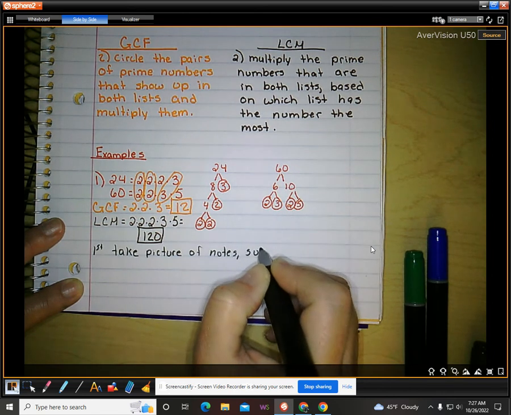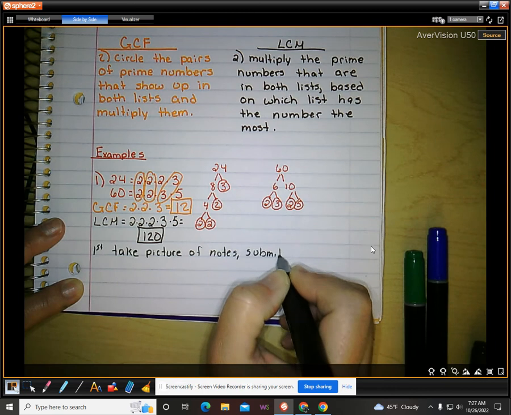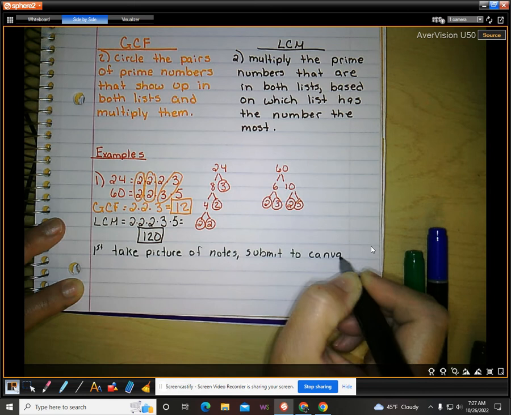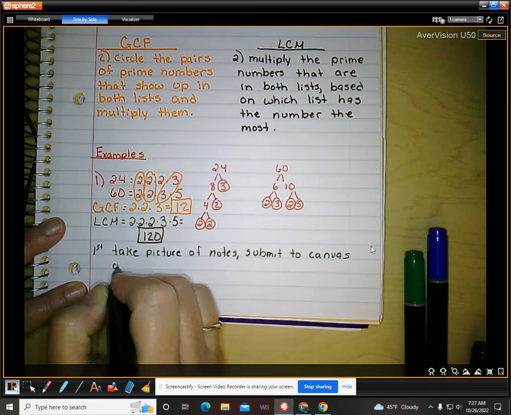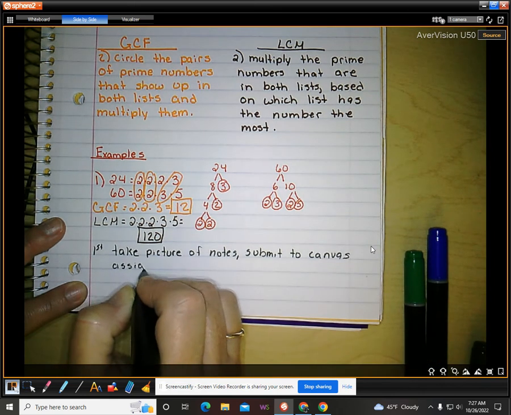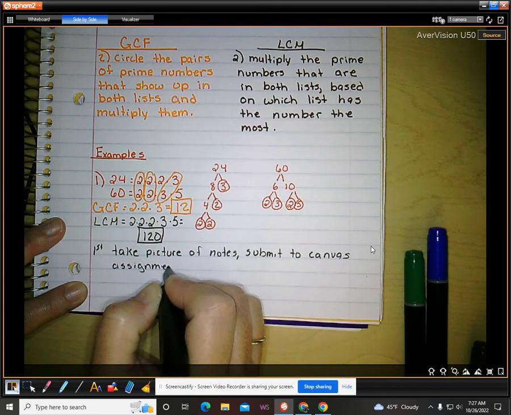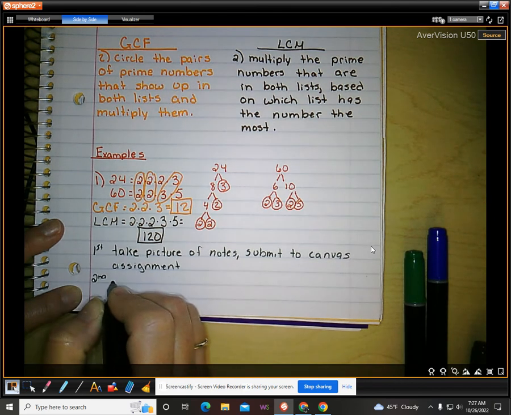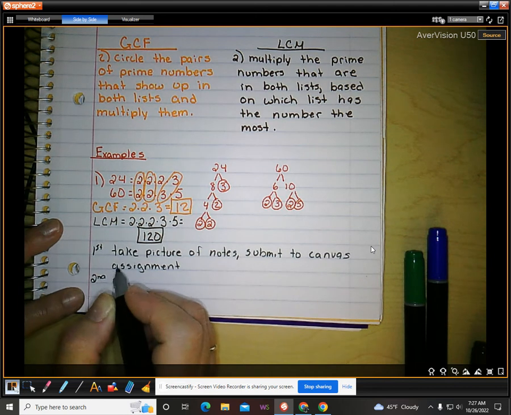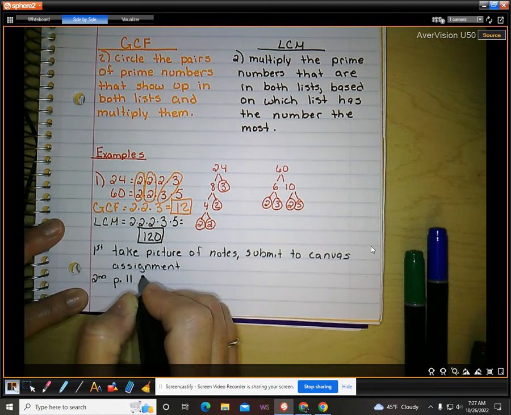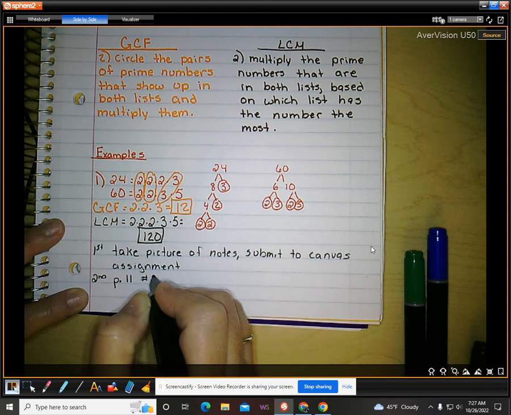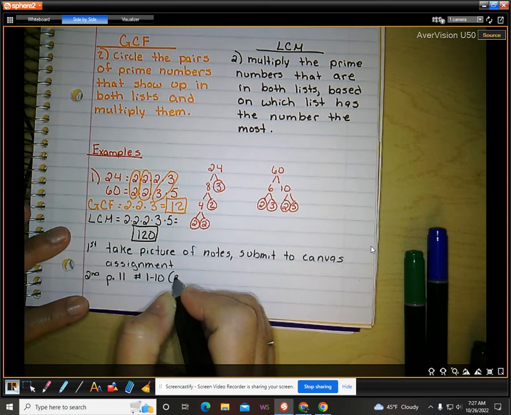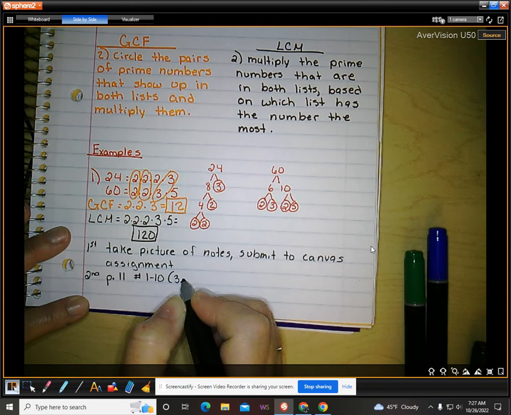And submit to Canvas assignment. Okay. Then the second thing you are going to do is in your book, page 11, numbers 1 through 10.